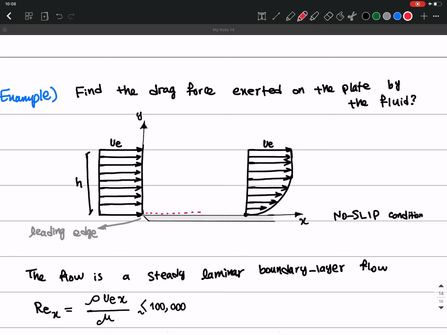I want to calculate the drag force, so it has to be close to the plate. And then I'm going up here. Okay, so this is the CV, and it's extended to a distance of L. So this distance is L.